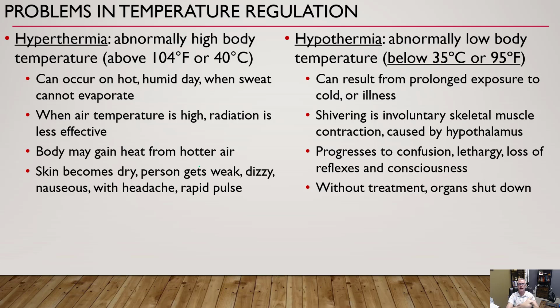Your body can't necessarily correct that. With hypothermia, shivering can only do so much. With both of these, you're going to get weak and dizzy. You might get confused, nauseous, headache.